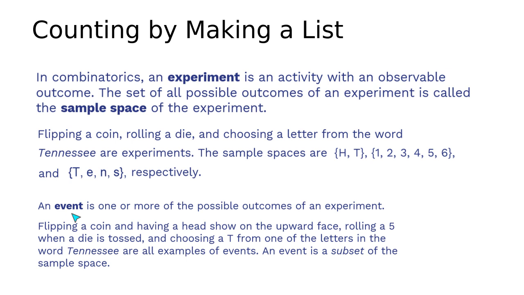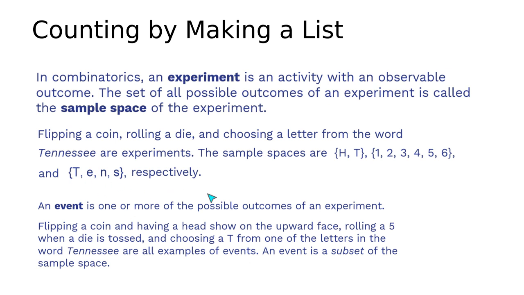Now, an event is one or more of the possible outcomes of an experiment. So flipping a coin and having a head show on the face when you flip it, that would be an event. Or rolling a 5 when you roll the die, that would be considered an event. An event is just a subset of the sample space.